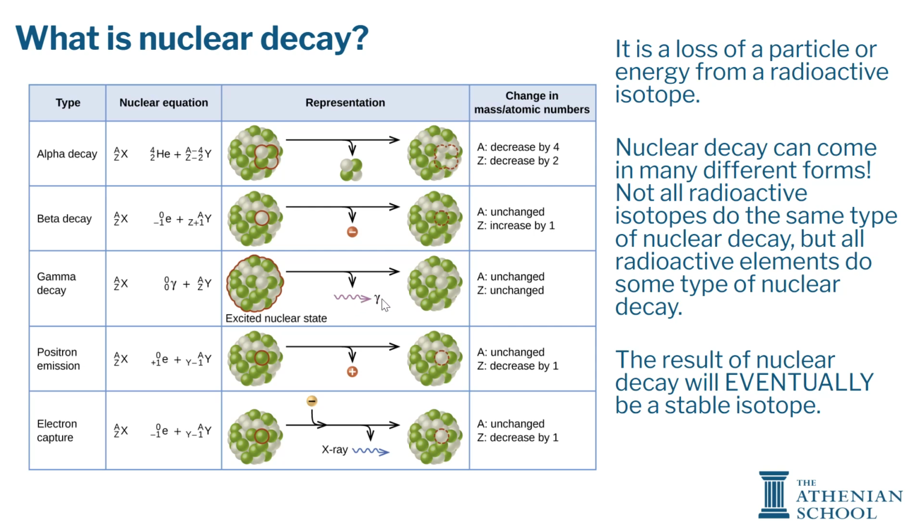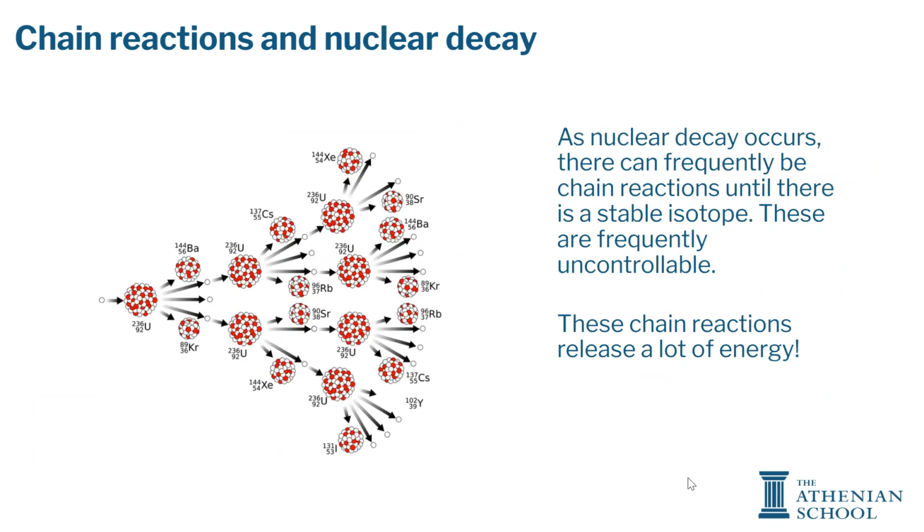When we're saying loss of a particle or energy, gamma decay releases gamma rays, and so that's energy that's being released. Versus if we're looking at alpha, it's this alpha particle, and then beta, we're looking at this. So these are all the different things that can happen.